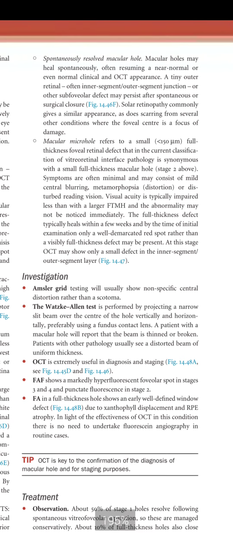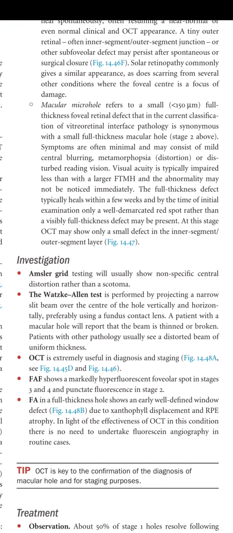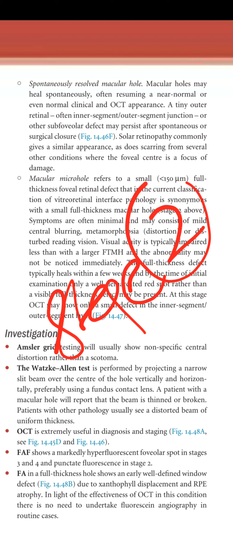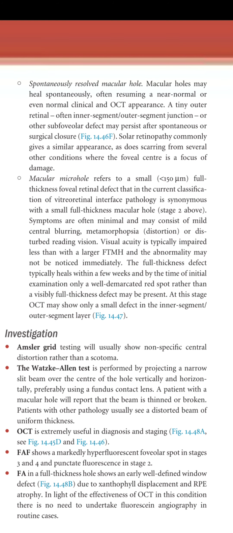Then there is a spontaneously resolved macular hole. Usually, if the full thickness macular hole is less than stage 2, most of the time it can resolve on its own. A macular hole may heal spontaneously, often resuming a near normal or even normal clinical and OCT appearance.